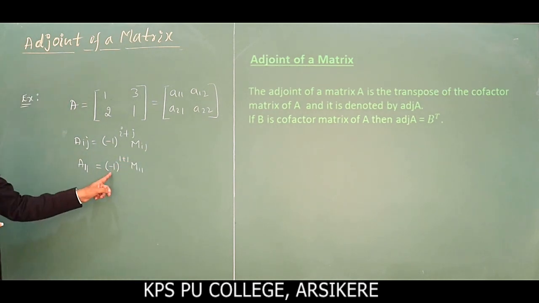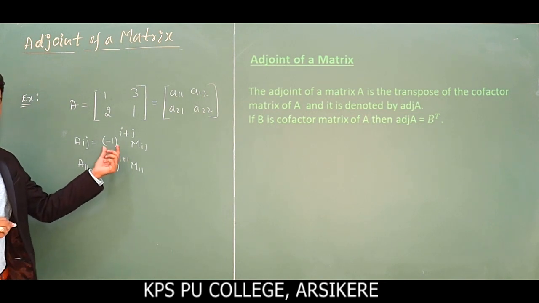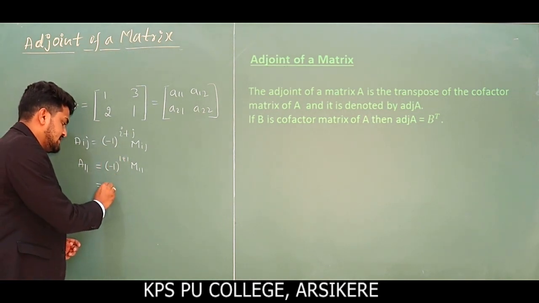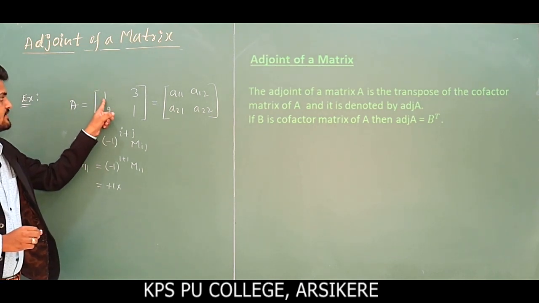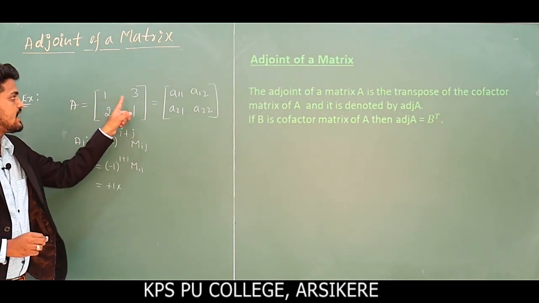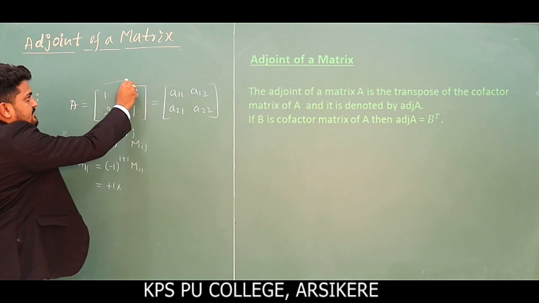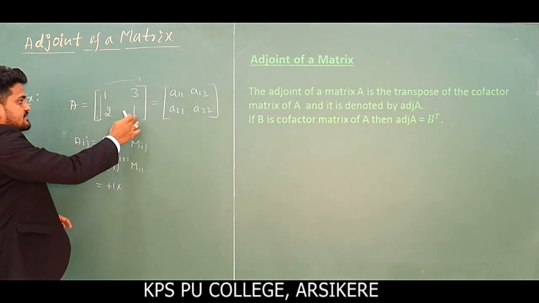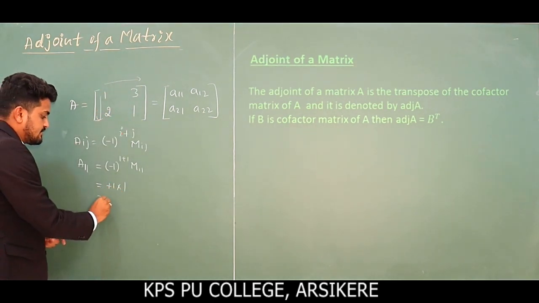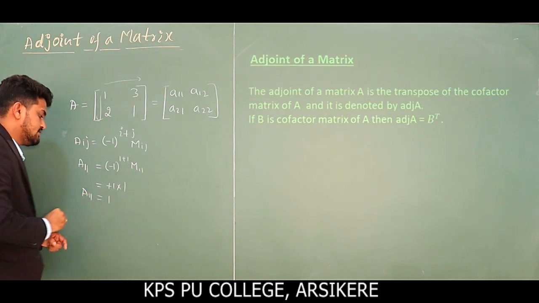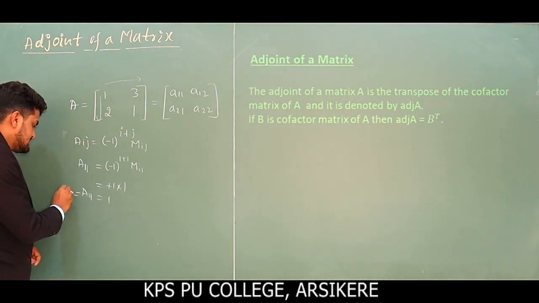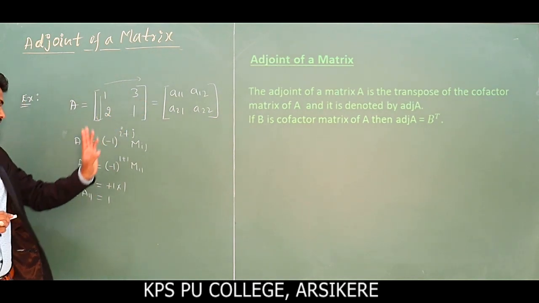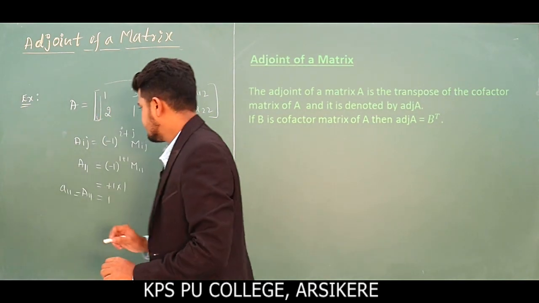Minus 1 to the power of 2 becomes plus 1, into M11, which is the minor of 1. Eliminating the ith row and jth column, the remaining element is 1. So the A11 value is equal to 1.